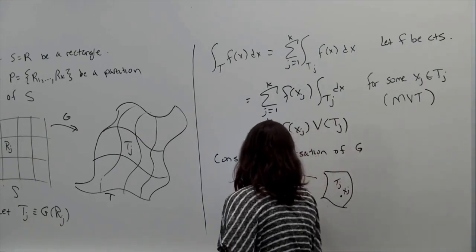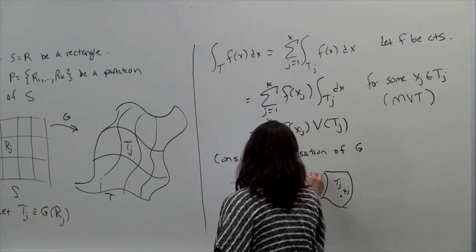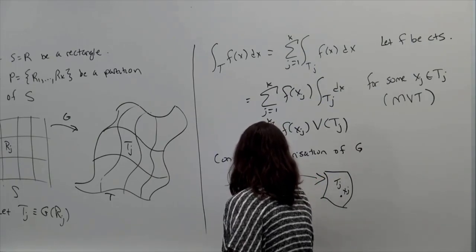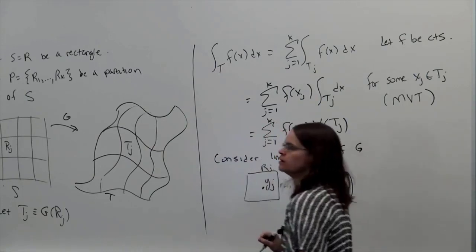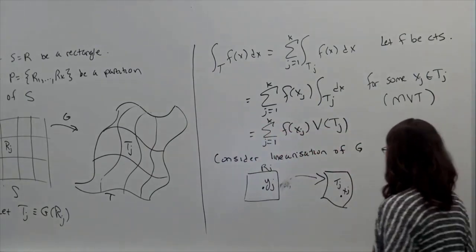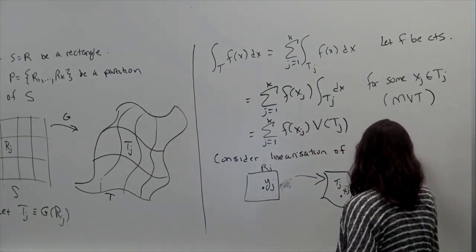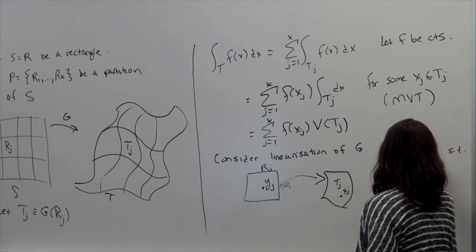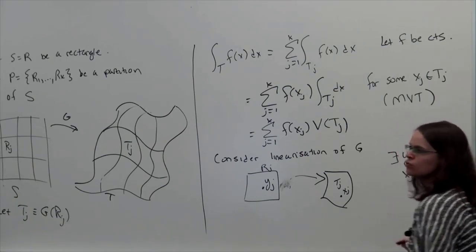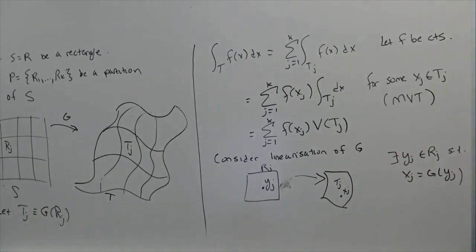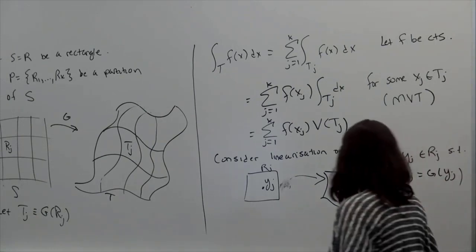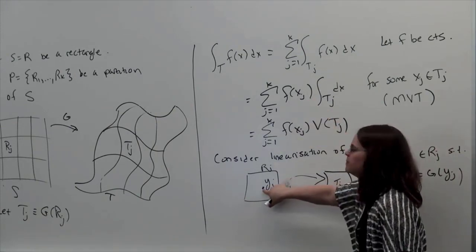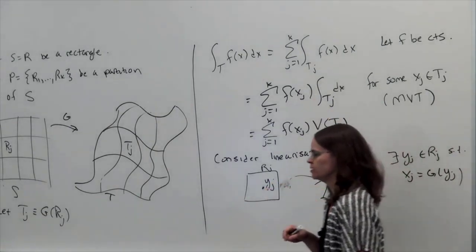This came from a particular rectangle, and the xj came from a particular point yj. Okay, so we know there exists some yj in this rectangle such that xj equals g of yj. And it's unique because we're working with a regular invertible transformation. So if this is the reference point showing up here, it probably makes sense to linearize about this reference point right here.